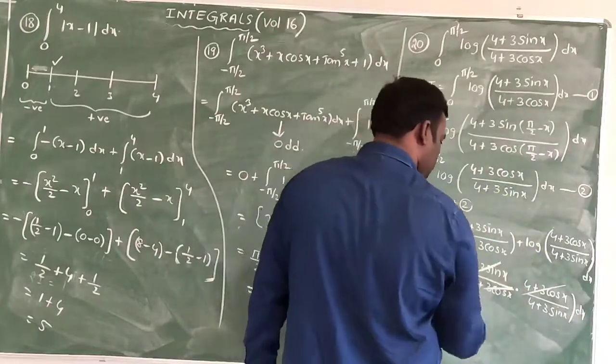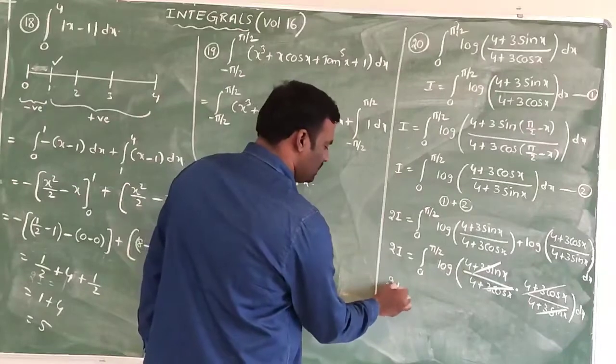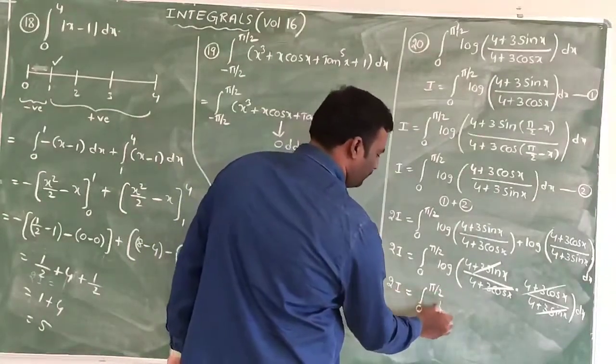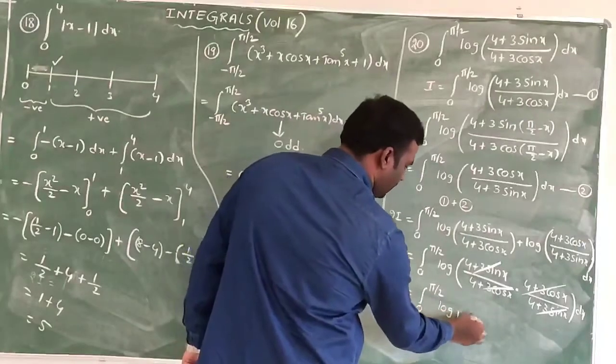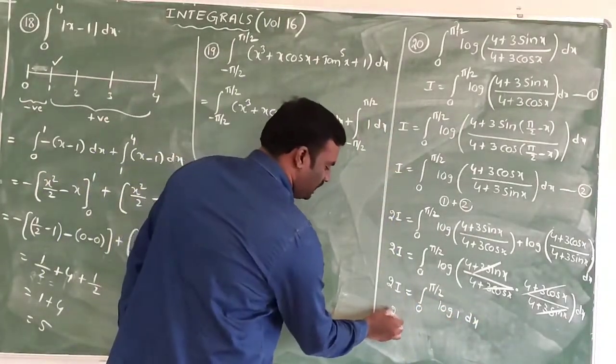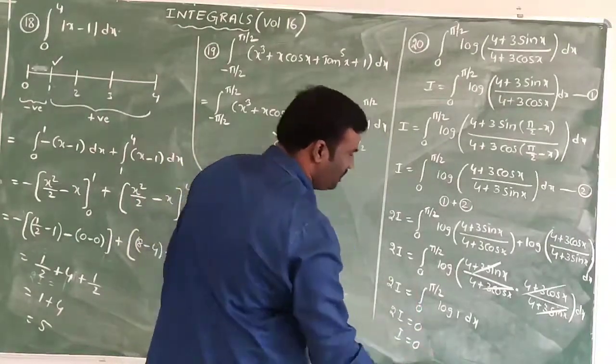These two cancel, these two cancel, and 1 is remaining. Then 2I equals integral 0 to pi by 2 of log 1 dx. The log 1 value we already know is 0. Then 2I equals 0, so I equals 0.